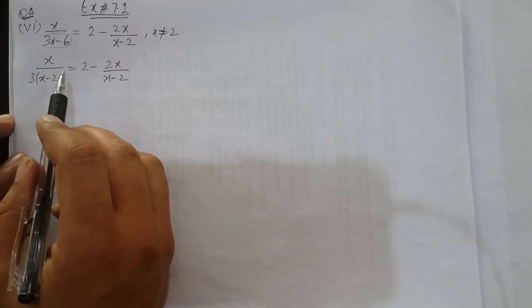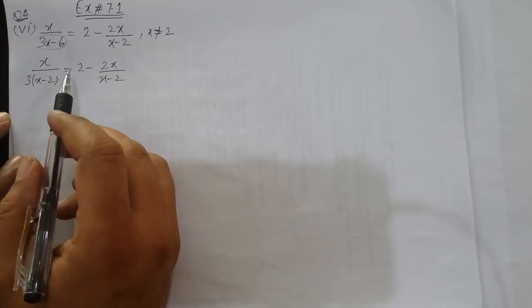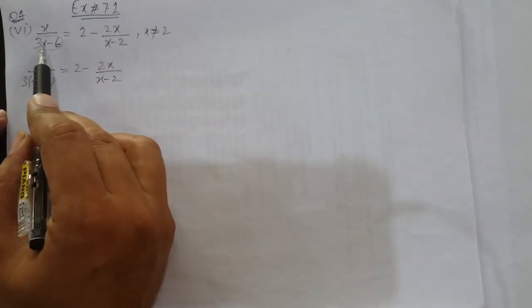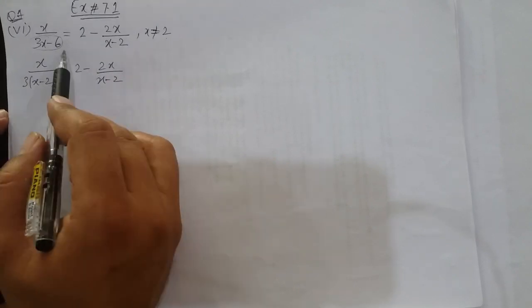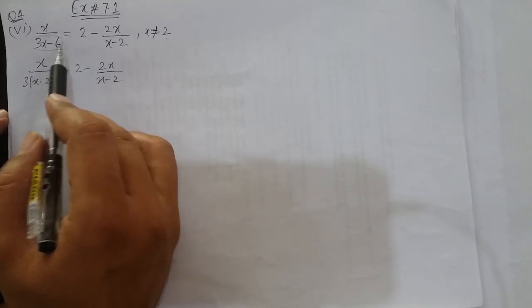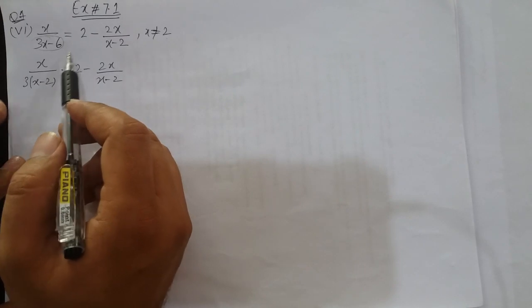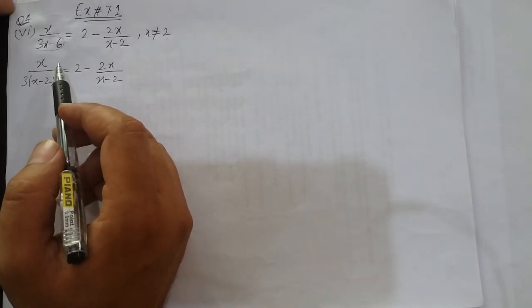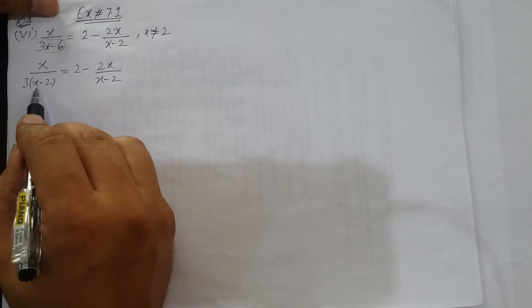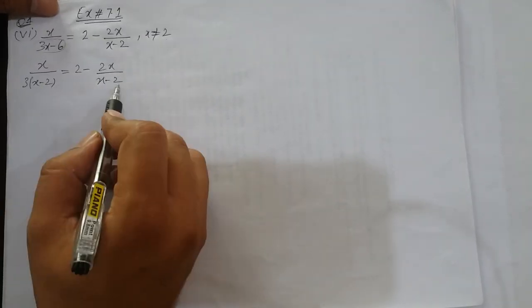So this is what we have to keep in observation. If we have different denominators, we will see whether something is common or not, and you will get to know that in almost all the questions we will get the same denominator in variable form. Now the denominator x minus 2 is same in these two, and the second denominator is 3.